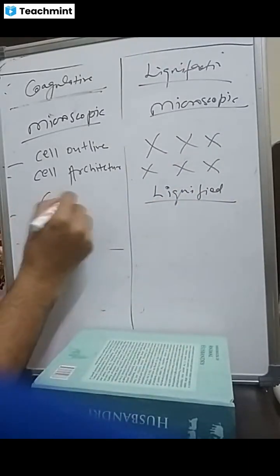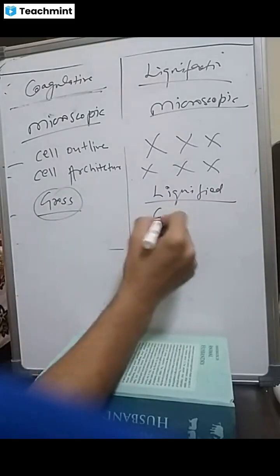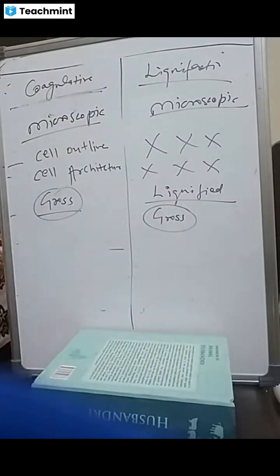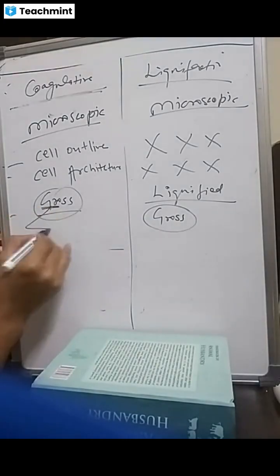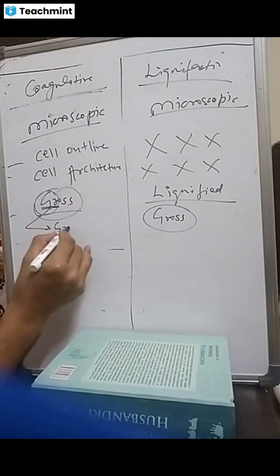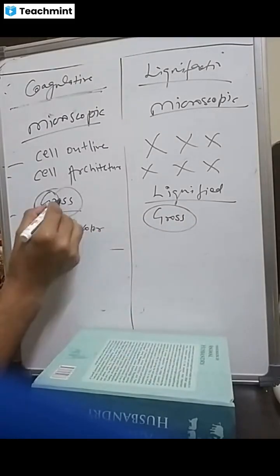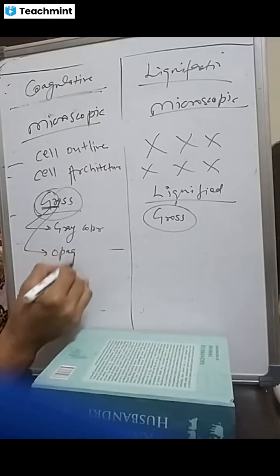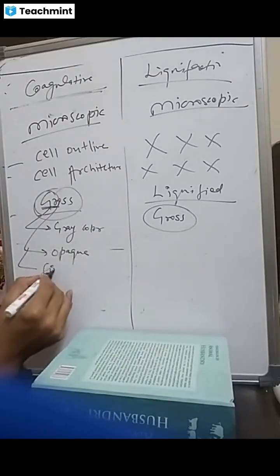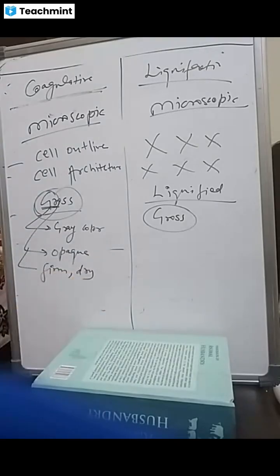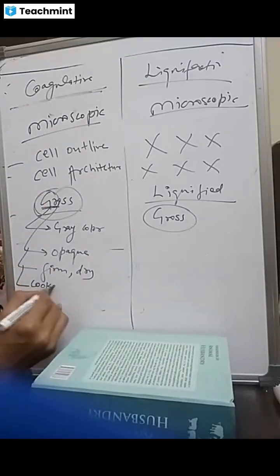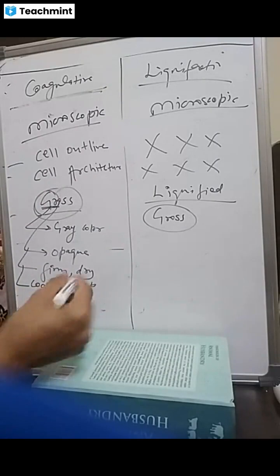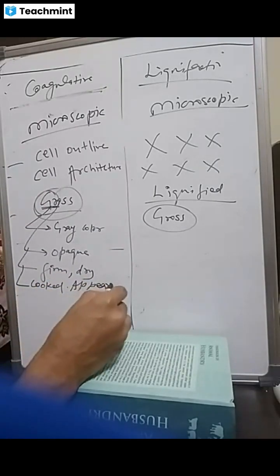Now the gross appearance. In coagulative necrosis, GROF will tell you: gray color, opaque, firm, dry, and having a cooked appearance.